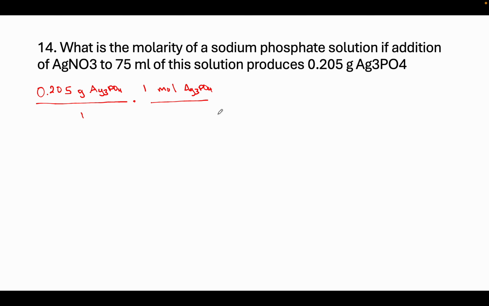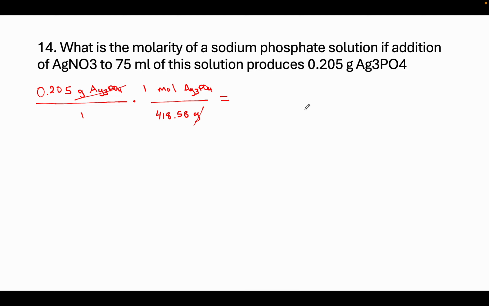Molar mass of Ag3PO4 is going to be 418.58. Something like that. Maybe a little more, maybe a little less. But grams cancel out.